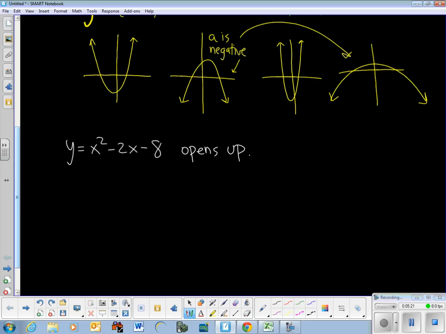There's not a whole lot of info that I can get from standard form without actually plugging in some x's or just typing this thing into my calculator. One thing that's readily available is the y-intercept. So all I can really tell about the parabola that matches this graph is that it opens up and it goes through the point 0, -8. So let's start working on a graph.